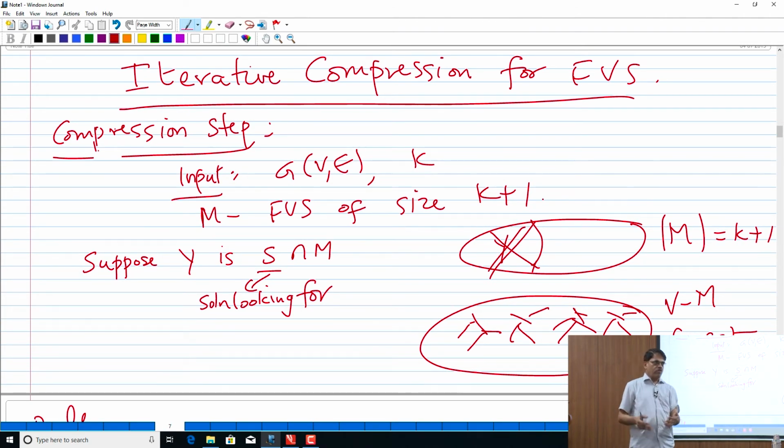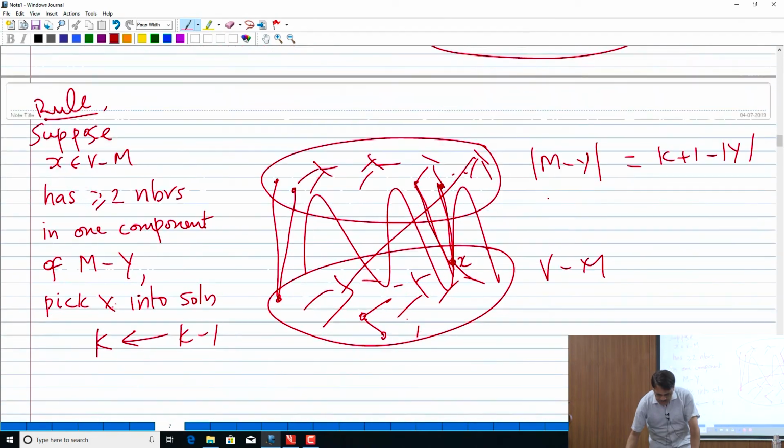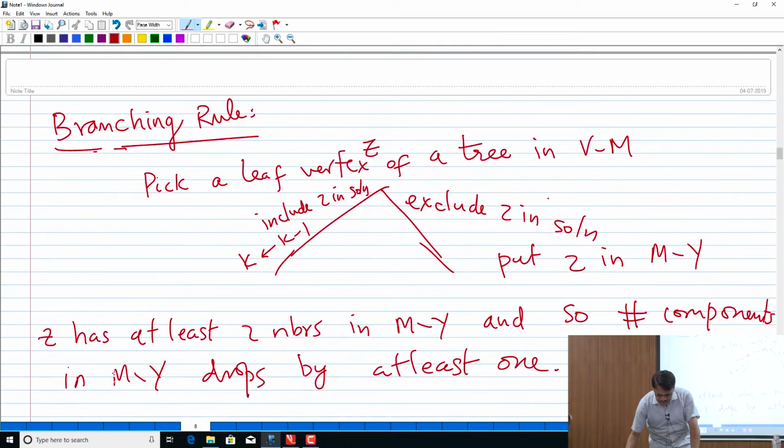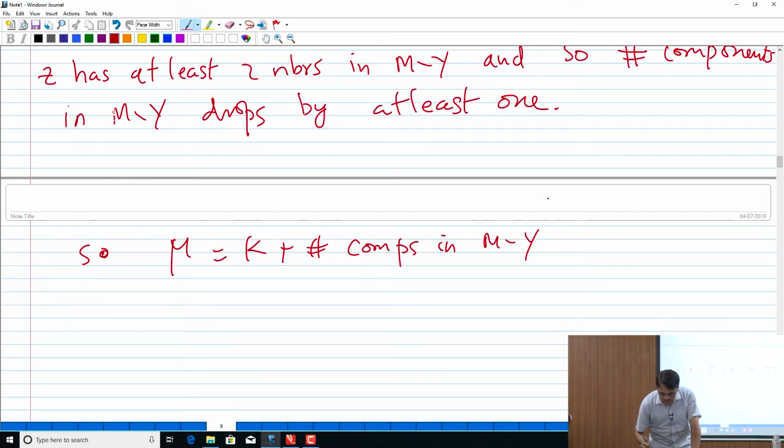Now I am looking for a feedback vertex set of size k minus cardinality of Y. So if I say k prime is basically k minus cardinality of Y, plus the number of components in M minus Y is also at most k plus 1 minus cardinality of Y, then mu drops.